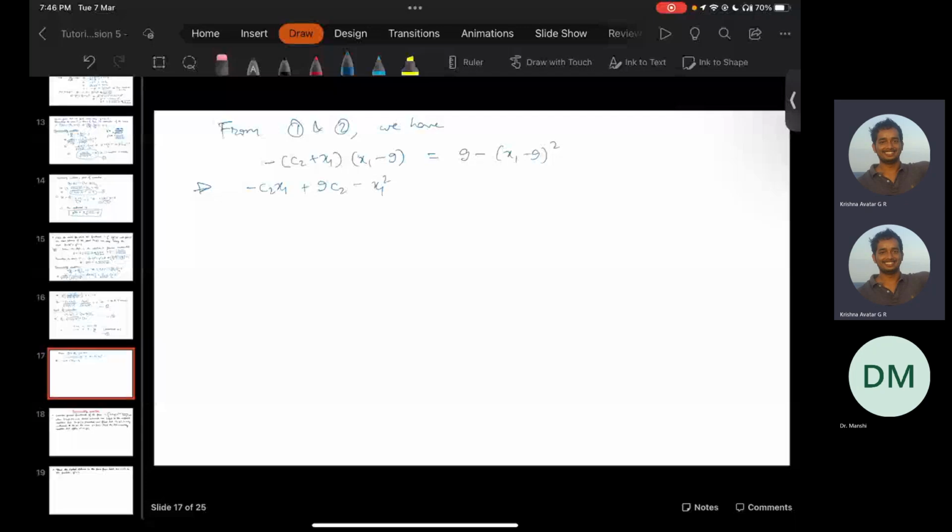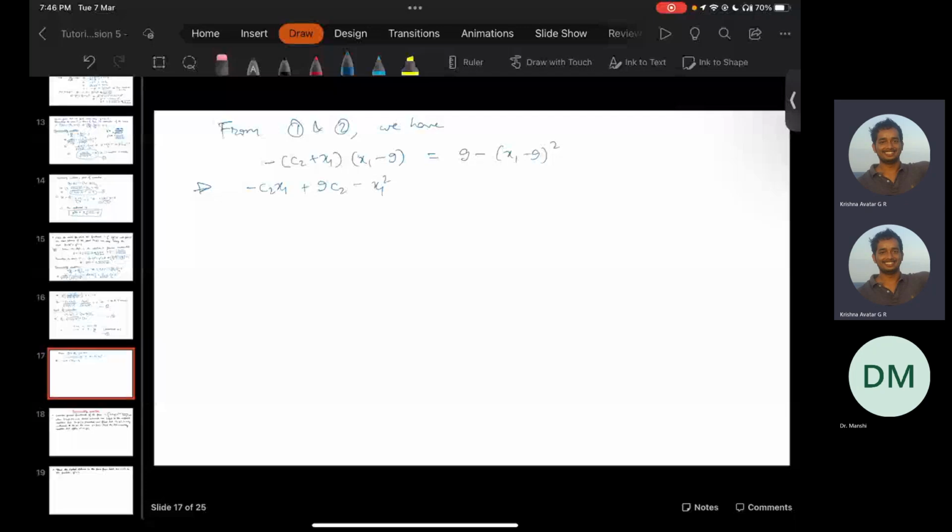Okay. Now let's substitute for minus c2x1. So minus c2x1 is equal to 9x1 minus 36, so I'll use this expression here. It's 9x1 minus 36.